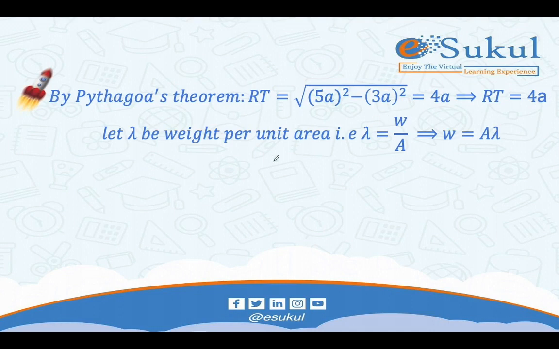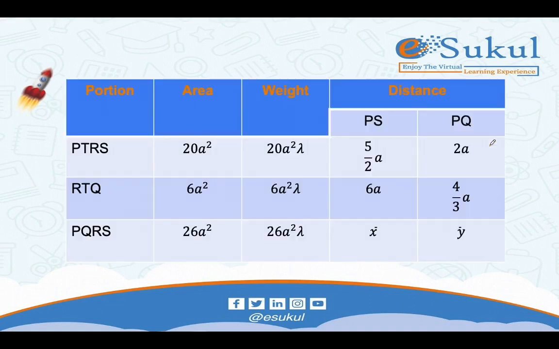So we first have the units lambda per unit area of the composed lamina. We then have the weights equals to a lambda. So in that case, from the table, we have the different partitions PTRS and we have RTQ.